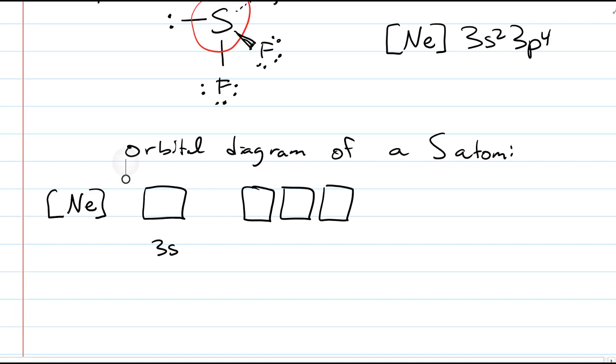And just like before, when we write in those electrons, we place 1 electron into each orbital within the subshell before we begin doubling up.